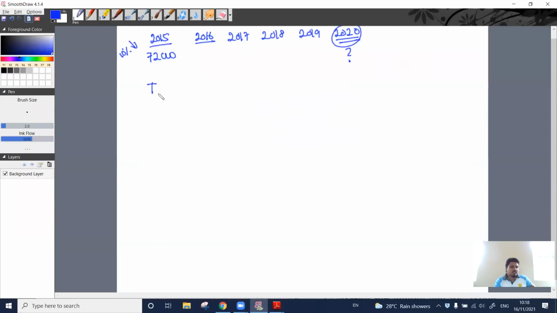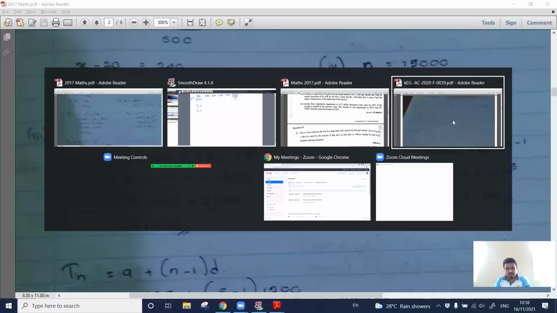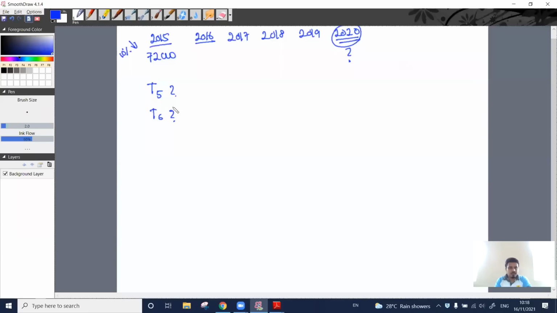Is it T5 or is it T6? What should be the term value that we need to find? T6. So we need to get the T6 value.